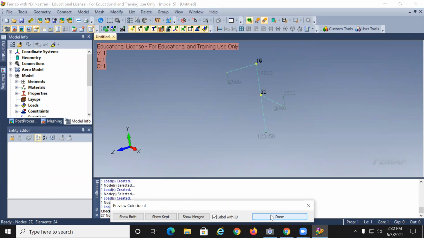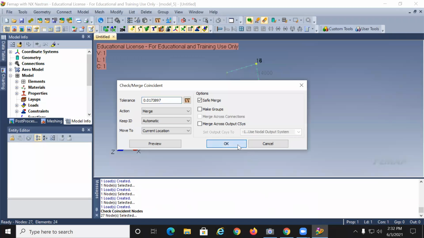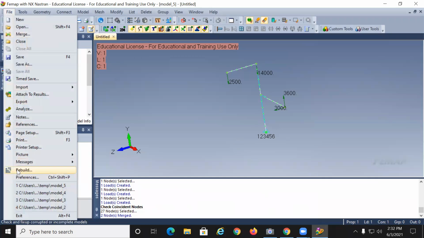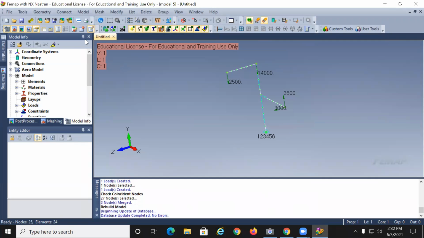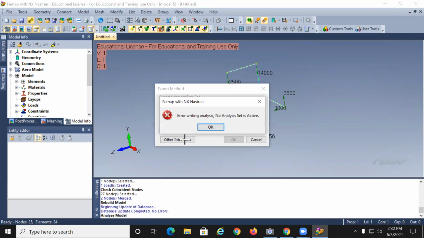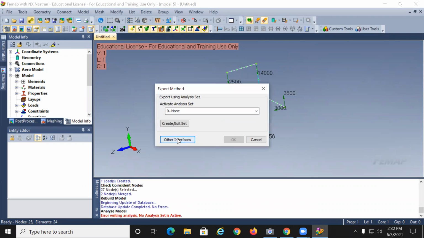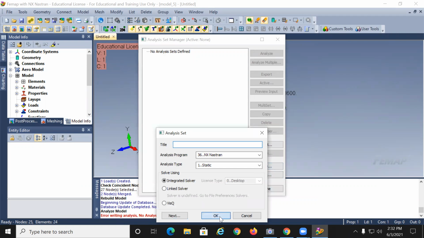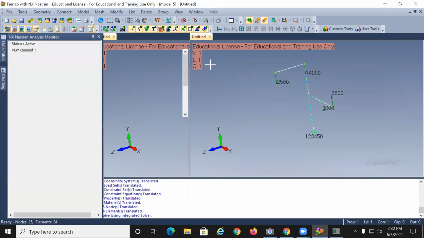Okay. Done. Okay, so that's it. If I always do this, it doesn't do anything, but we should run it. Create a new set, okay, analyze.